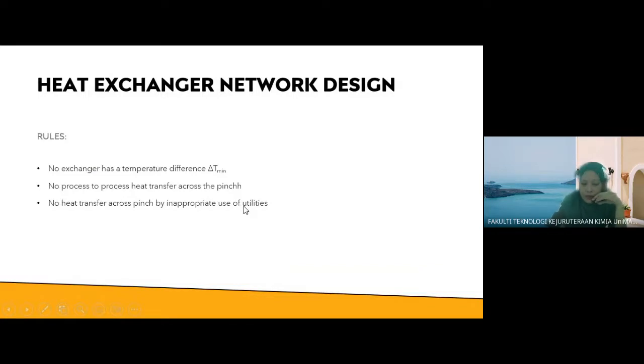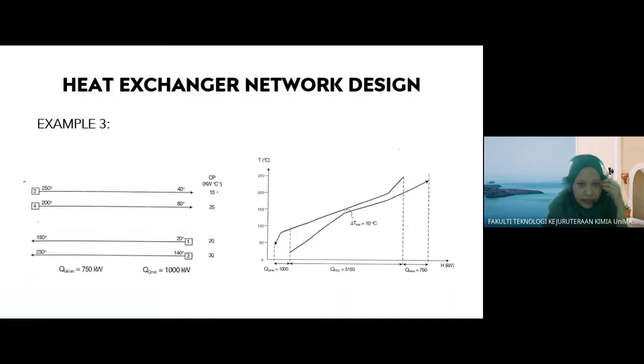Just now, above the pinch you cannot put external cooling, and below the pinch there is no additional external heater, heating utility. Okay, so those are the rules in order to design the heat exchanger network with maximum energy recovery.